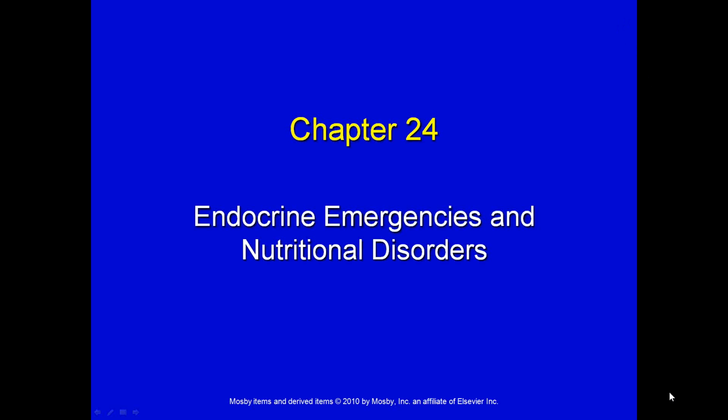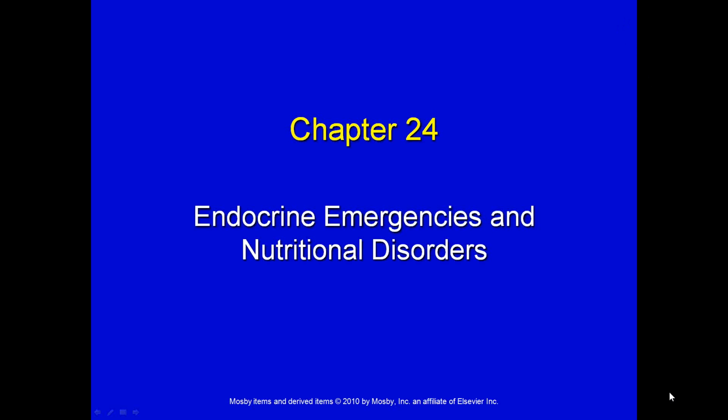All right, well, here we are with Chapter 24, Endocrine Emergencies and Nutritional Disorders. And when you think about all the stuff that we learn in paramedicine, endocrine stuff really takes a back seat, with one exception, and that is diabetes, because diabetes is an endocrine disorder.